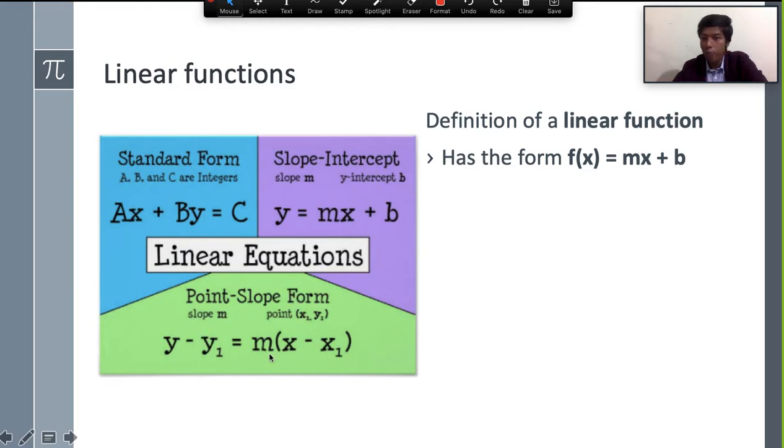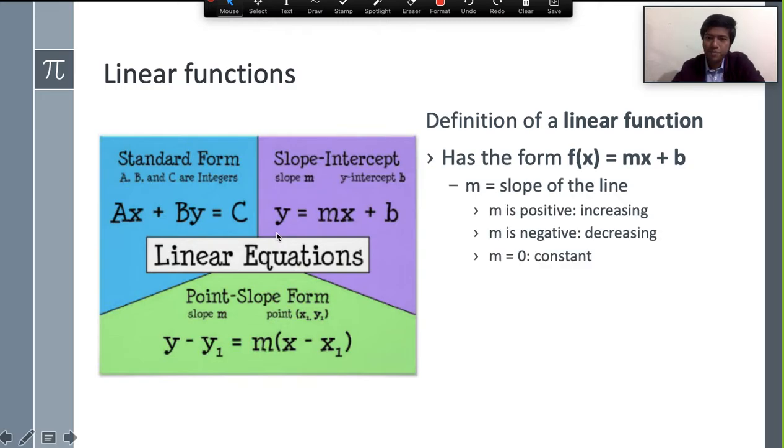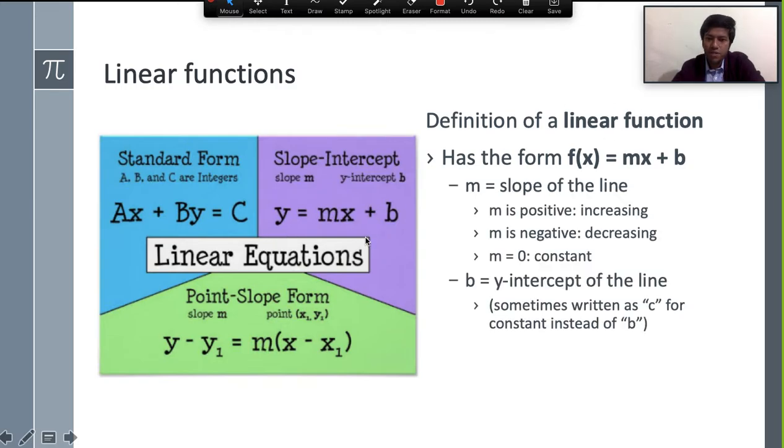That means in this form, a point and a slope are necessary. In this form, the slope and y-intercept are necessary, and this form can work with everything. I mean, this is a simplified version. You can just bring everything to one side and keep the constant on the right side, then you get this. From here also you can go there. All of them are actually interchangeable. That's true. And these things we said are written here.